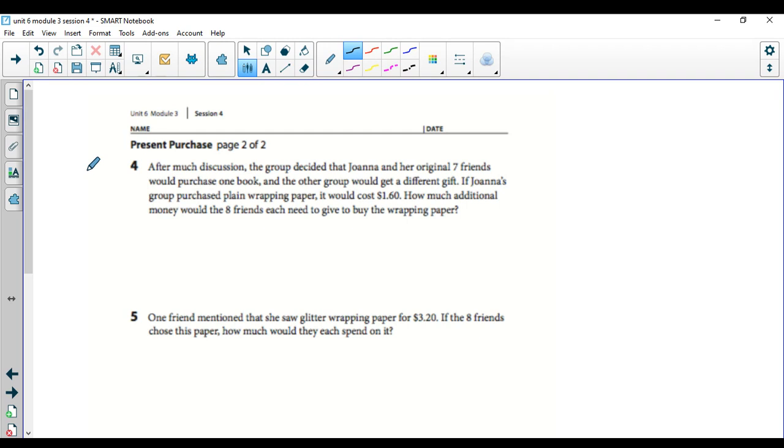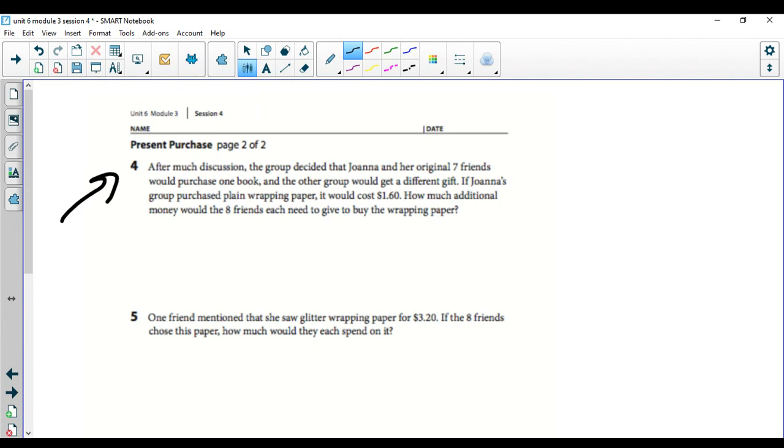Okay, let's look at this. As we know, when we move through problems, they usually get a little more challenging. So I want to look at number 4 before I take you through the final skill we're going to look at. So after much discussion, the group decided that Joanna and her original 7 friends would purchase one book and the other group would get a different gift. If Joanna's group purchased plain wrapping paper, it would cost $1.60.